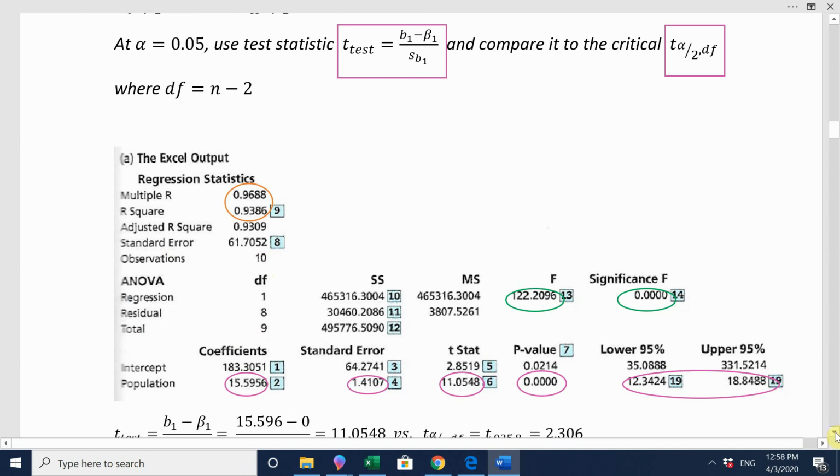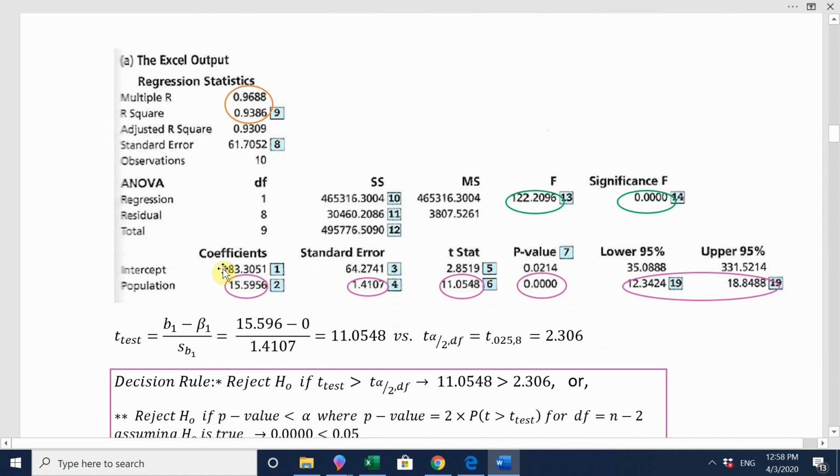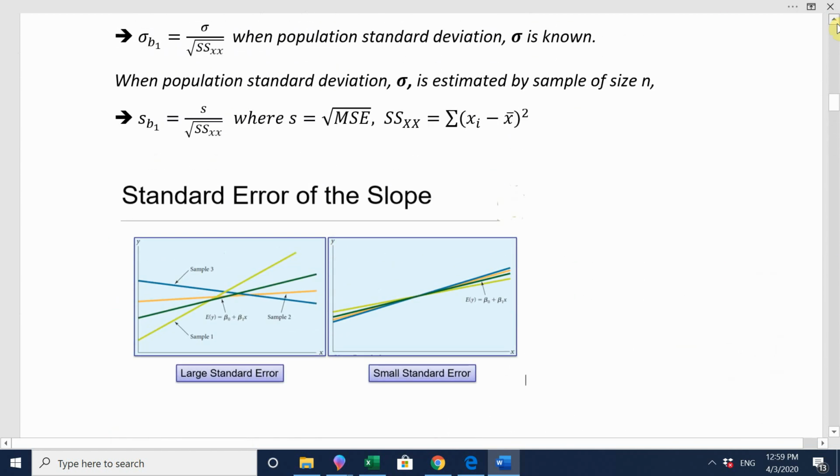Okay, so further in my output here, I have this other part, and that is the estimated regression line, or the fitted regression line coefficients, and their corresponding standard errors. So that is very interesting here. So here I have, in fact, my standard error for my slope, B1. That is this value right here. And this is as a result of, let me just go back to the formula for the standard error of the slope in my sample.